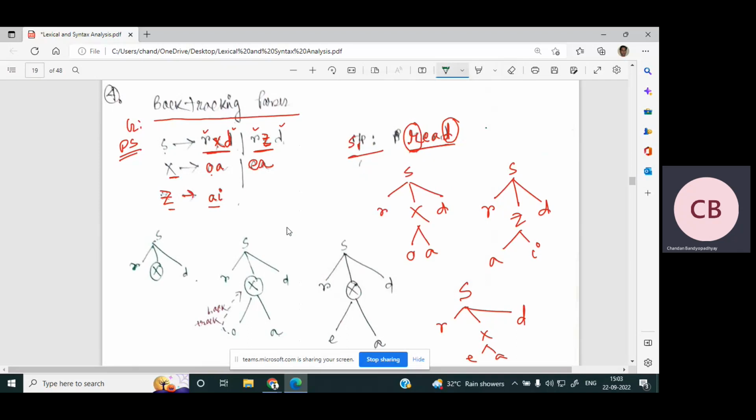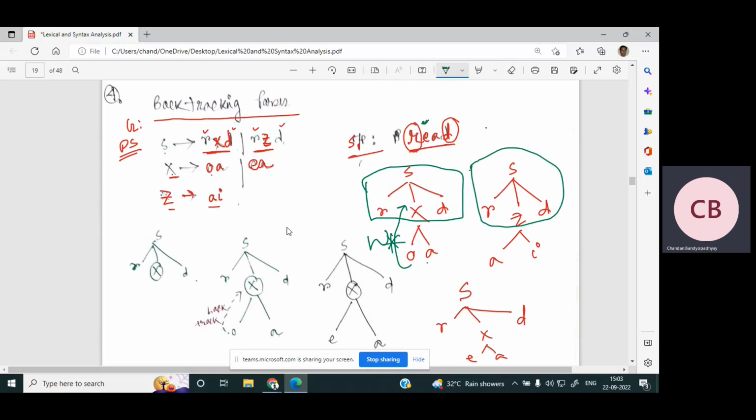Now once I start expanding X to OA, I find out, no, the next character I need is E. So this is not a right derivation that I am following. This is wrong. So that means I need to backtrack whatever expansion I have given, moving back from the OA expansion to X again. That's why it is backtracking.